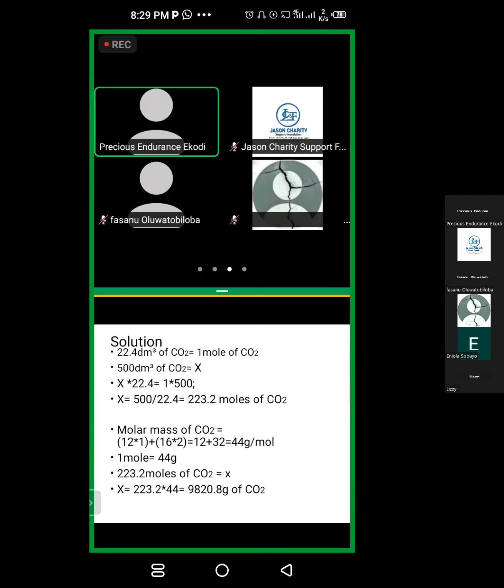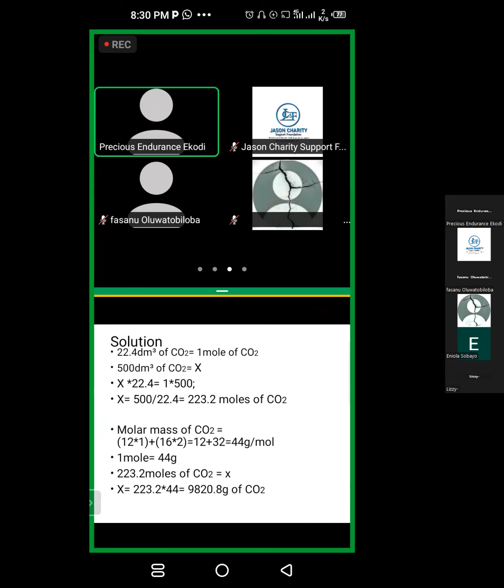So for us to calculate this, we'll calculate the molar mass first. See here, the molar mass of CO2 equals 12 times 1, because the atomic mass of carbon is 12, and we only have 1 atom of carbon here, plus 16, which is the atomic mass of oxygen, times 2.